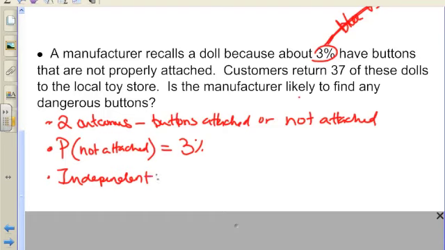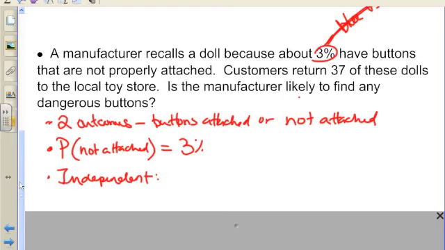Well, we do have like a certain number of dolls in the world. So it's kind of hard for me to say that they're independent. Once I find a lot of dolls with buttons not properly attached, there are going to be a lot fewer dolls that have that problem.